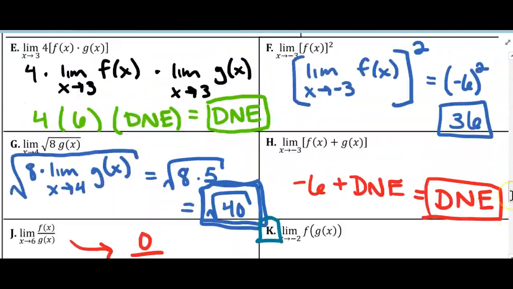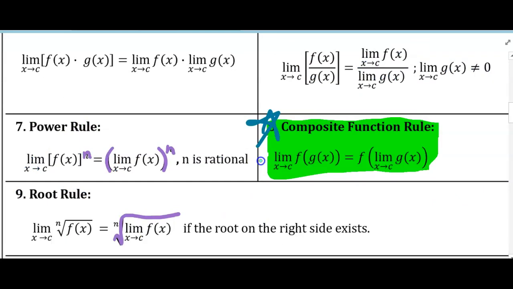And so if we go back to our initial sheet that has all of our limit properties, and I'm looking at my composite function rule, it says that if I'm taking the limit of composite functions, meaning I'm plugging one function into another, I will take the limit of the inside function, which in this case is g, and then I will plug that number into my outer function.